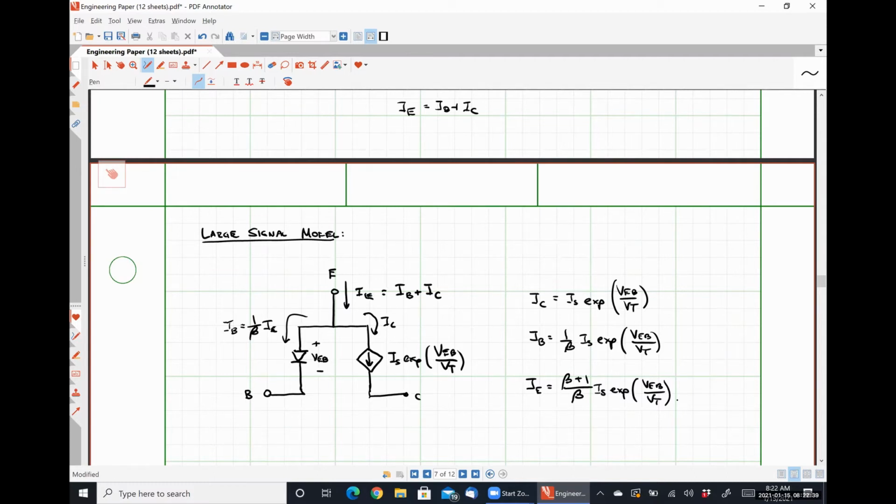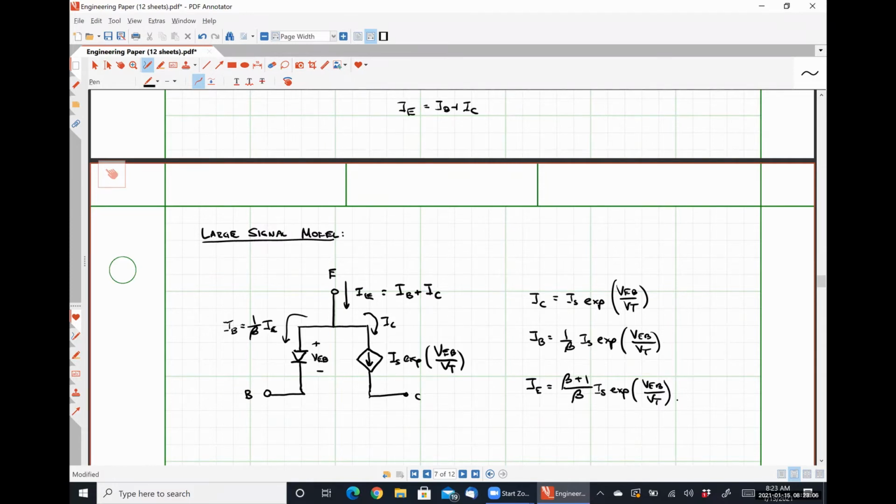For the NPN transistor, we modeled this by multiplying all of these currents by a factor of 1 plus VCE over the early voltage VA. For the PNP transistor, we are going to multiply everything by a factor of 1 plus VEC over VA. We literally just change the order of the subscripts. That's it.